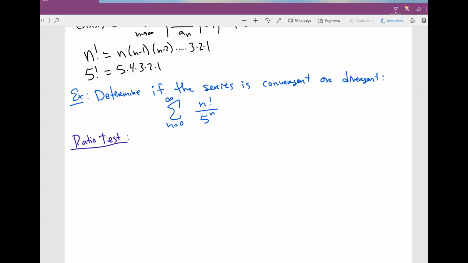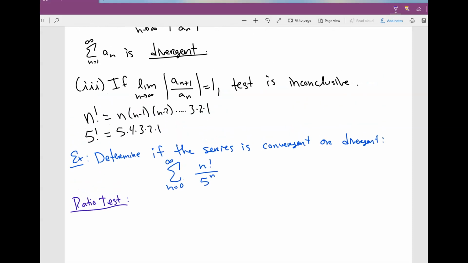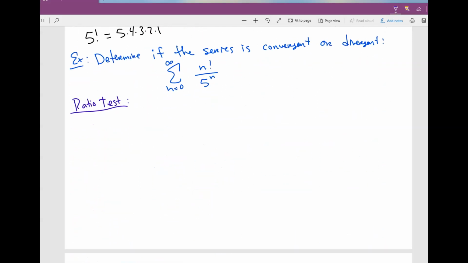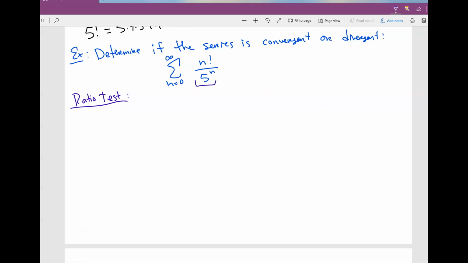Basically, what the ratio test says is that I need to take the limit, and regardless of whether it's going to be convergent, divergent, or inconclusive, it always is the same. I have to take the ratio between the n plus 1 term divided by the nth term. So here a sub n is equal to n factorial over 5 to the n.